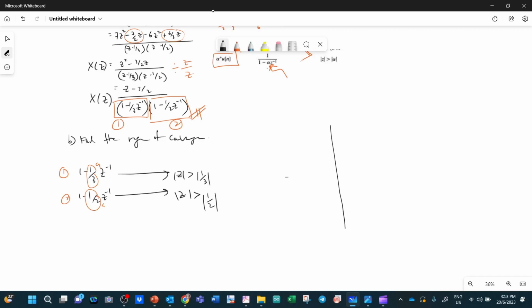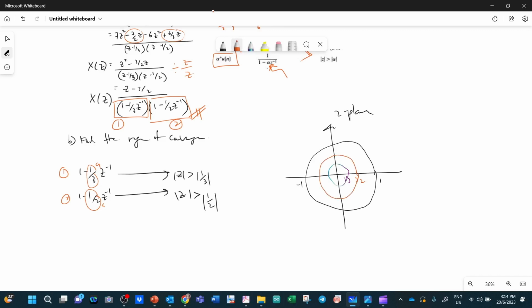So we draw out the z plane. For example, this is 1, and minus 1. For the ROC, if for example this is 1 over 2, then 1 over 3 is here.